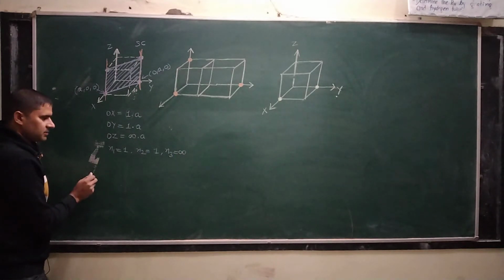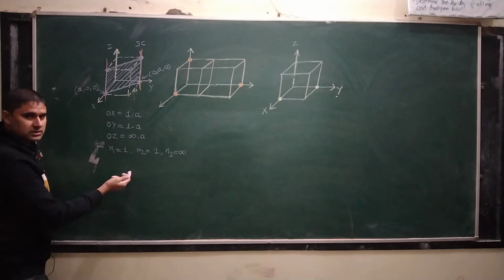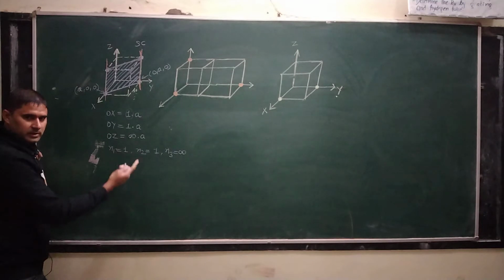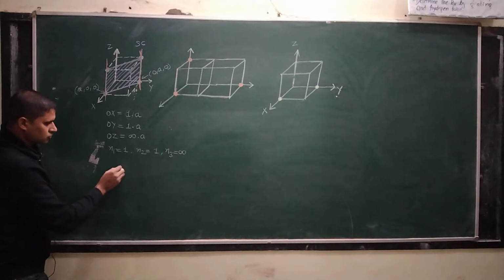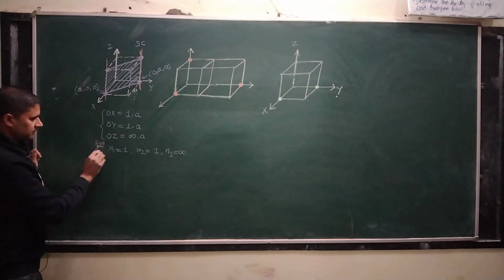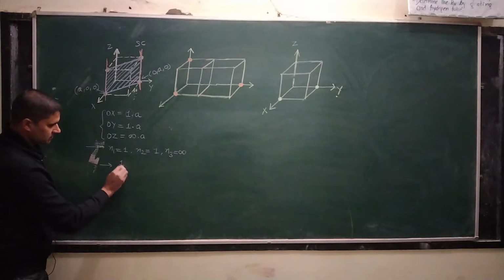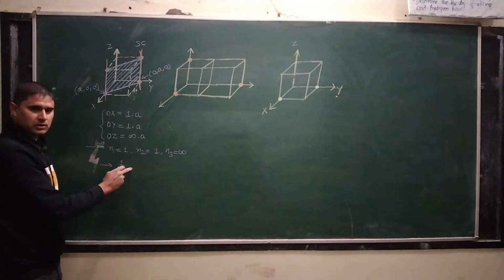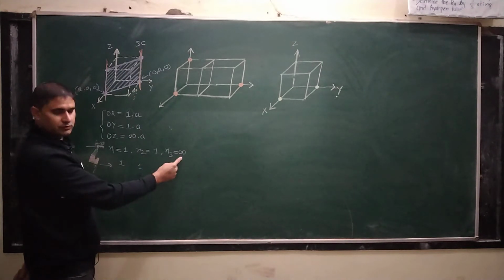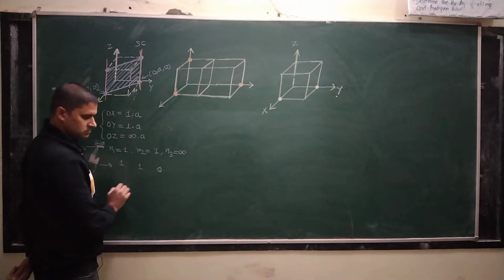So in the next step we take the reciprocal of these, or you can say you take 1 by n1, 1 by n2, 1 by n3. So this is the first step, this one is the second, and in the third you will take the reciprocal: that of 1 will be 1, and that of 1 again is 1, and 1 by infinity will be equal to 0.